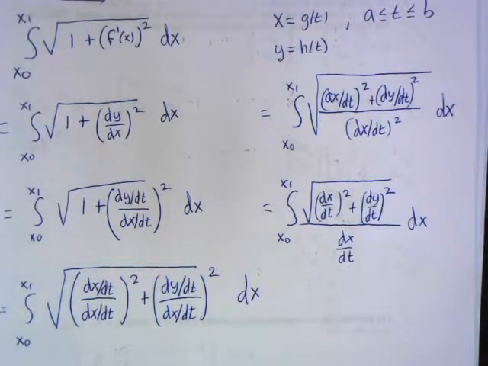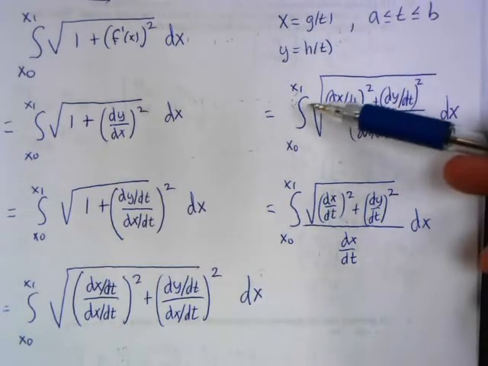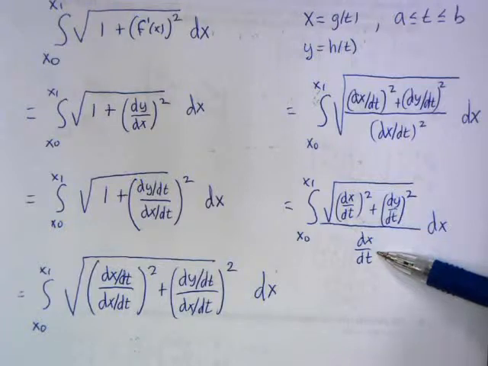What did I do on that step? I took the square root of the bottom because the bottom had a square. So on the bottom, the square root and the square simply cancel each other out.